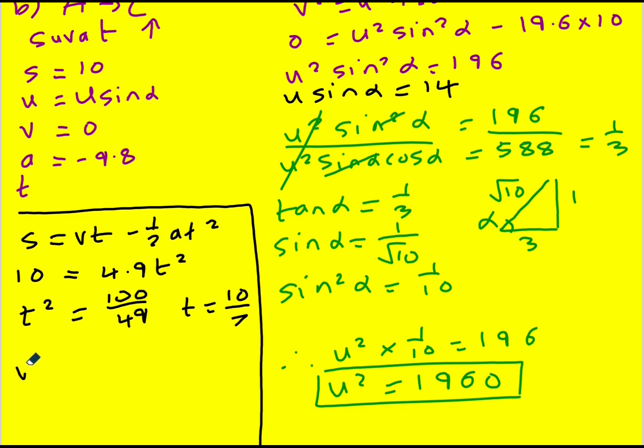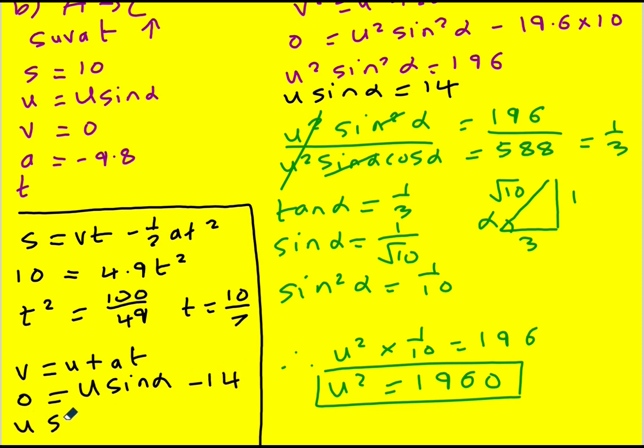v equals u plus at. So 0 equals u sine alpha minus 9.8 times 10 over 7. I get minus 14.